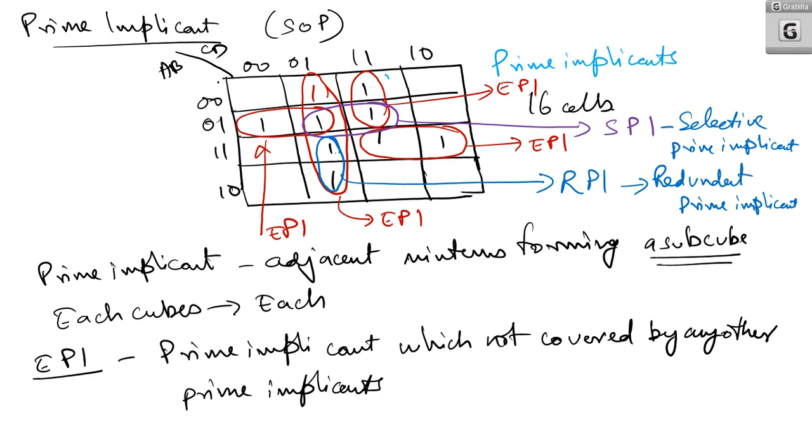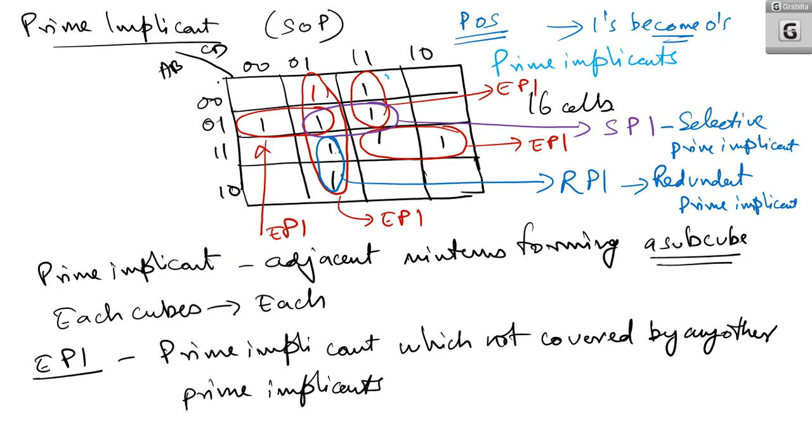Okay. Now this is in which form? This is in POS form. If the entire thing changes into POS form, the only difference is the ones become zeros. Then the only difference is instead of prime implicant, it is also known as false prime implicant. Okay.